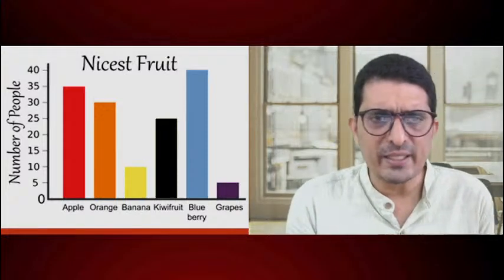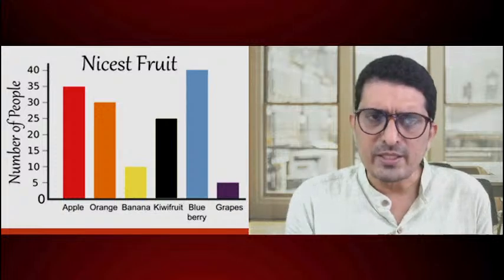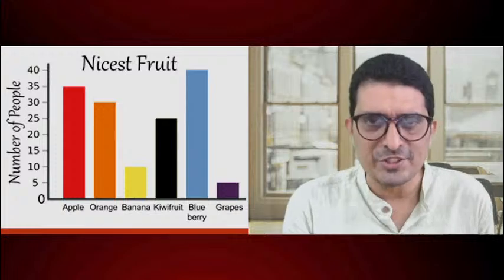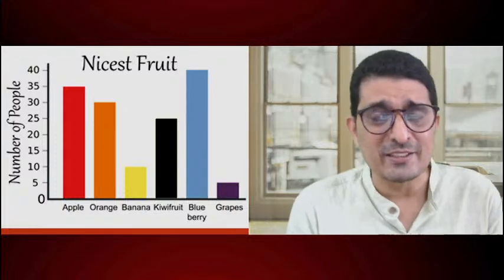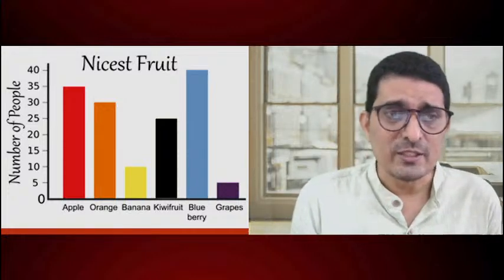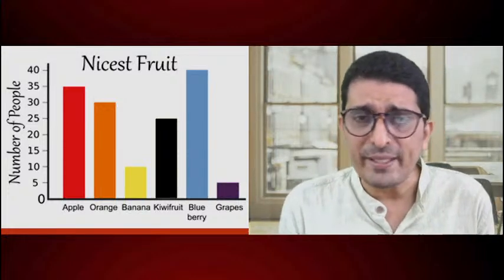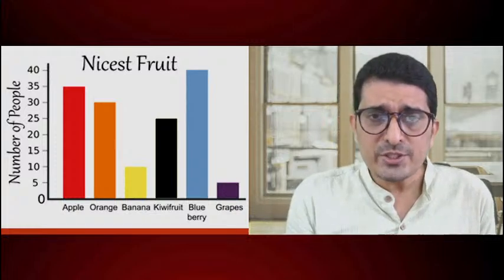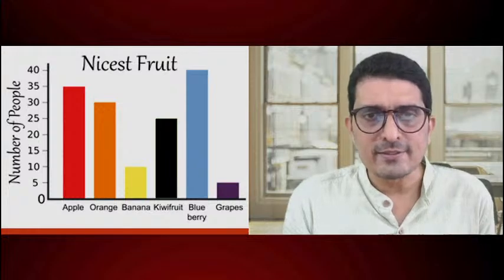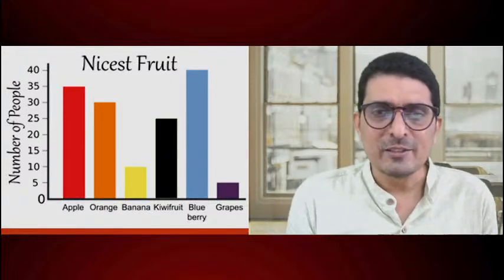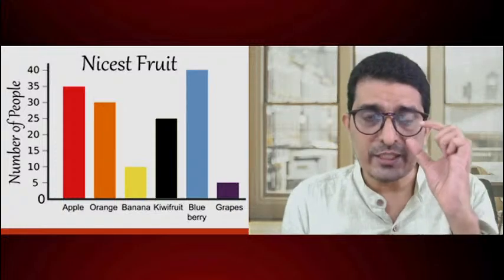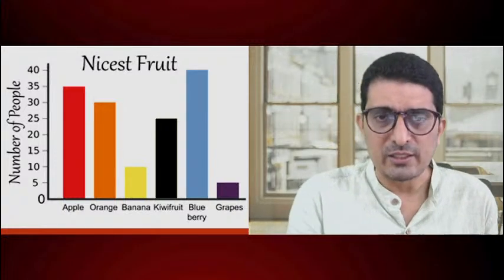A person can compare apple and grapes. A person can compare the number of people who like apple and orange just by looking at this single graph. And if you are giving explanation by using passages, then it needs 2 or 3 pages. So the information which your student can gain from 3 or 4 pages can be gained by looking at this half page. So you should teach them how to read bar graphs.